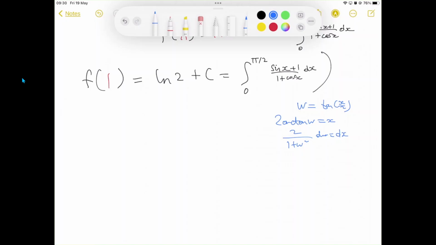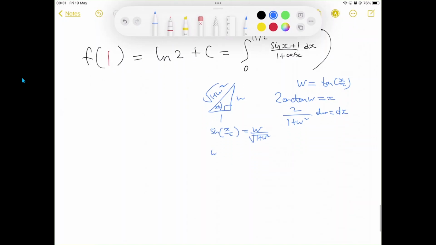And if I were to redraw the triangle again, including the length of the hypotenuse that you worked out using Pythagoras' theorem, and then write very nicely on the bottom, sine of x over 2 is equal to the opposite over the hypotenuse, and the cosine of x over 2 is equal to the adjacent over the hypotenuse.